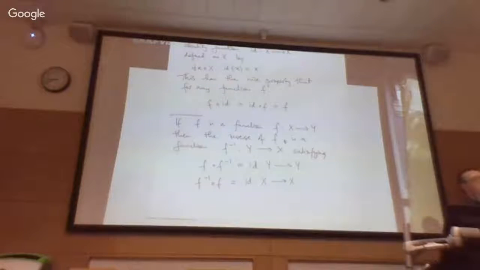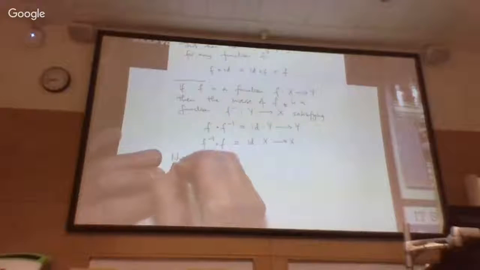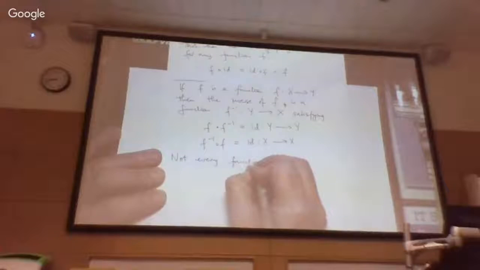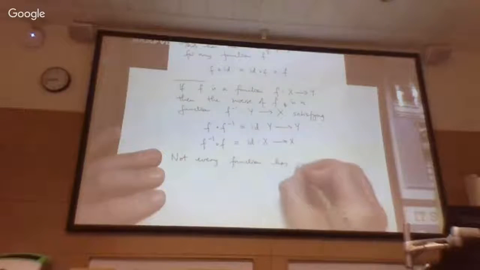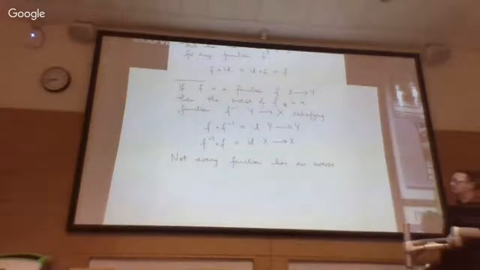Now, of course, not every function has an inverse.